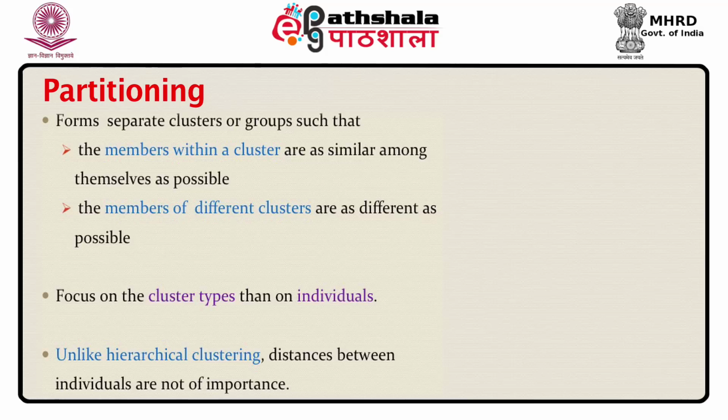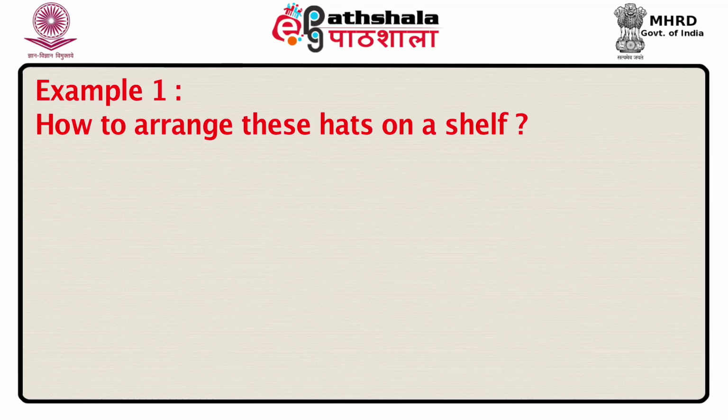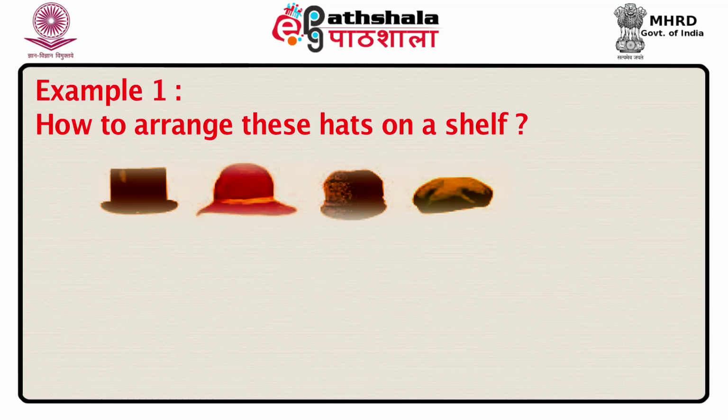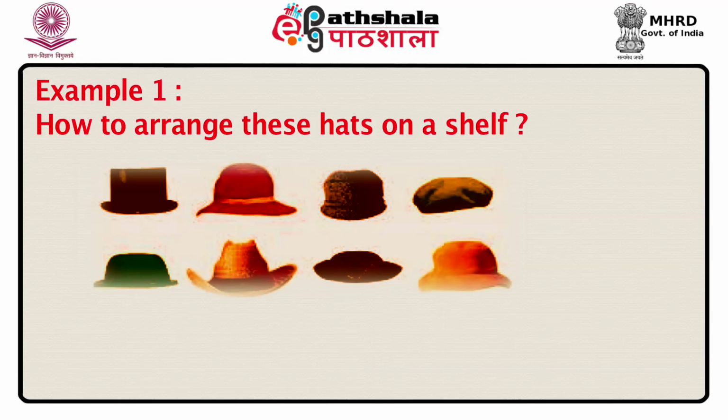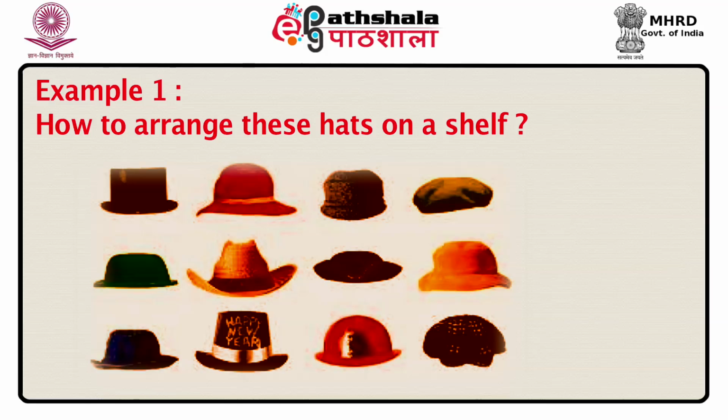Let us look at a few examples of partitioning. First of them is how to arrange these hats on a shelf. For example, a shopkeeper who sells hats has different types of hats.